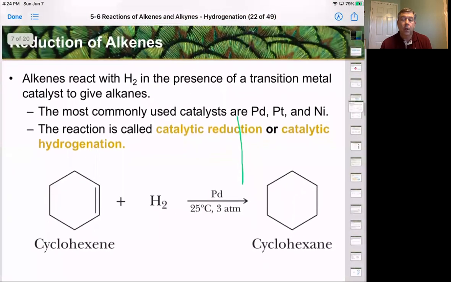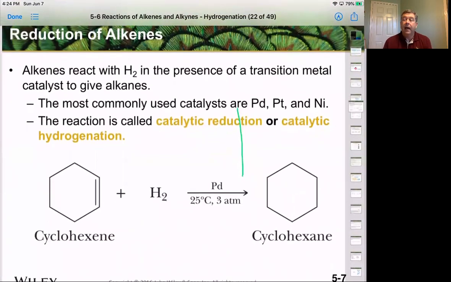Okay, so what we can do is actually take hydrogen and just add that across an alkene as well. But the hydrogen-hydrogen bond is not very polar, and the alkene itself is not very polar, so we typically use a catalyst to activate that hydrogen bond such that we can add it across the double bond.